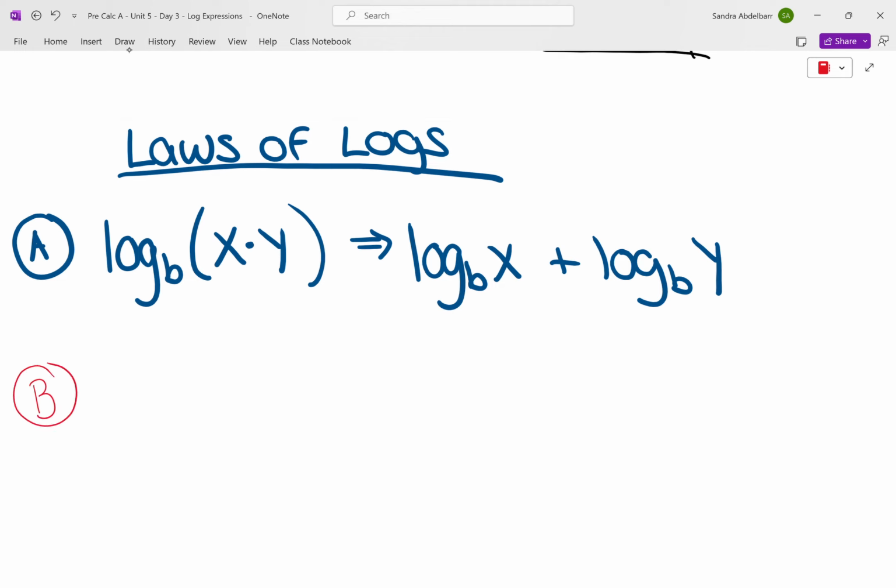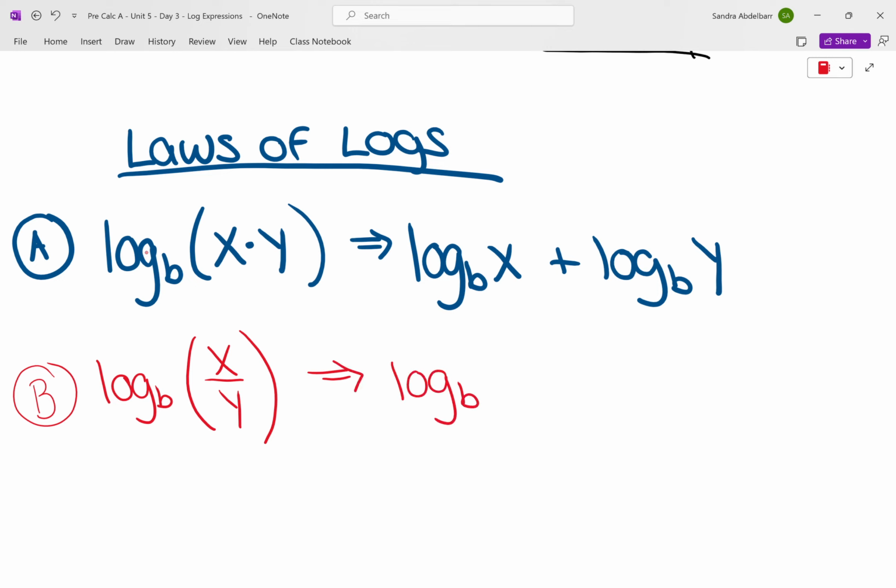Next one. If I have log base b of x divided by y, so my argument is division, x divided by y, that's going to be the equivalent of log base b of x minus log base b of y.